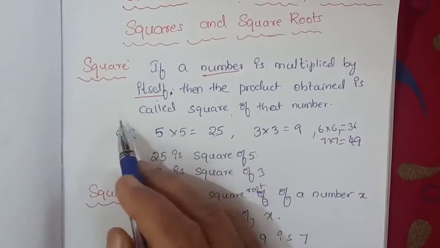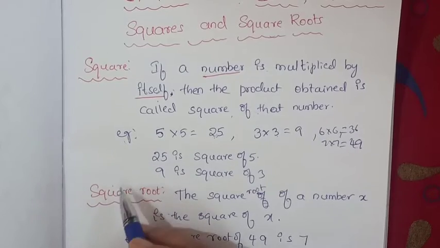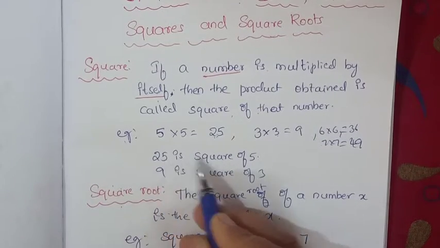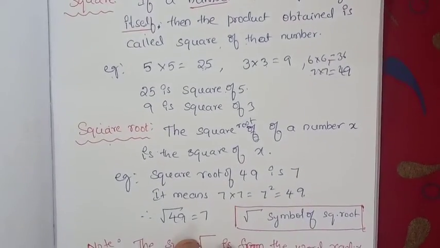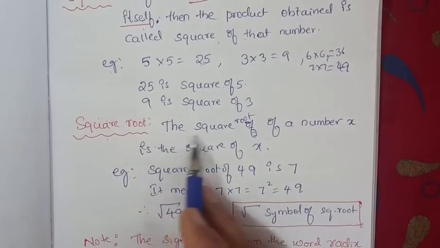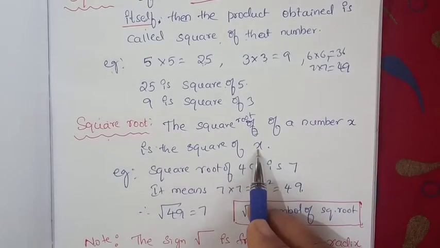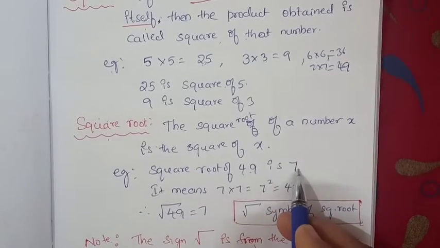Okay, square and square root are different terms, the values are different, and the methods are also different. So when we say 25 is the square of 5, we'll go for the square root. What is square root? The square root of 49 is 7.